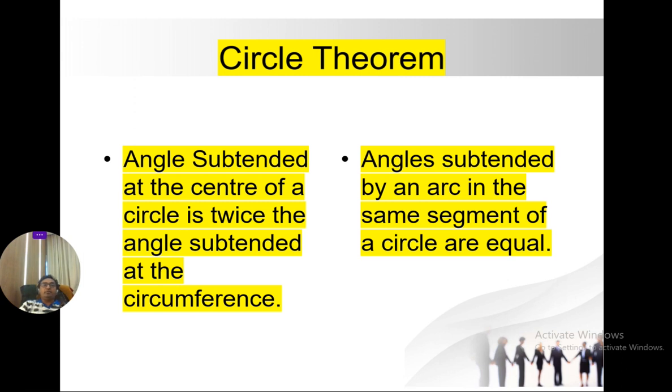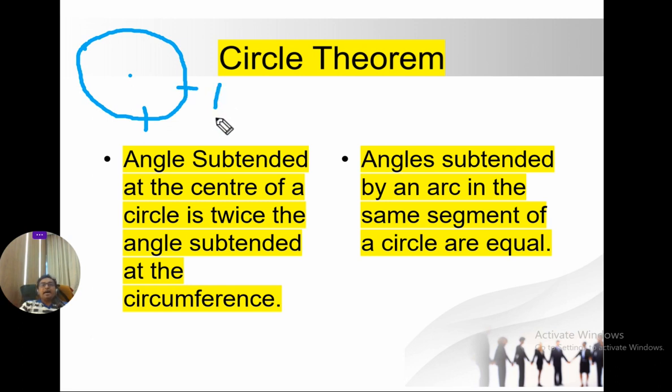So coming to the angle subtended at the center, what does it mean? First we will draw a circle. This is a circle and this is the center. If we take out a part of the circumference, just like a Lotte Choco Pie or some pie, we bite one portion and take it out.